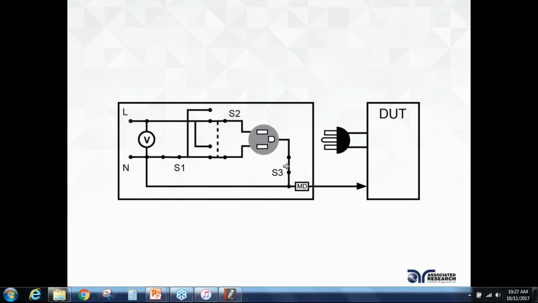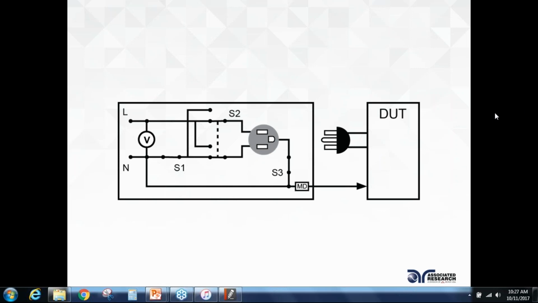Now in an event that the ground is opened up, either by miswiring or somebody breaking it off, or in your manufacturing process somebody forgets to connect the proper ground, the DUT has a ground pin but somebody didn't put the screw in there. If that case happens, then you would see an extra leakage show up through the measuring device.